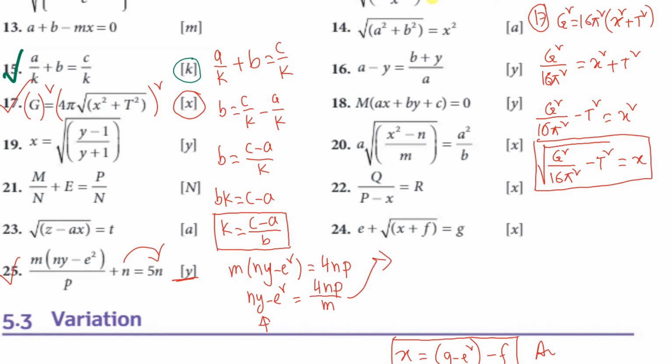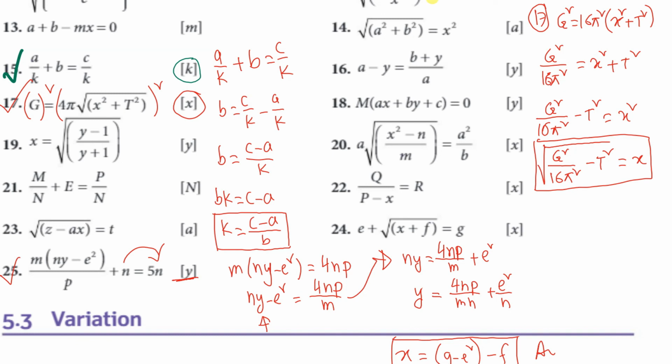Then from there we write ny equals 4np divided by m plus e square on the right side. So now if we make y as a subject, the expression becomes 4np by mn plus e square by n, because n goes to the right side and it gets divided with the right side expression.